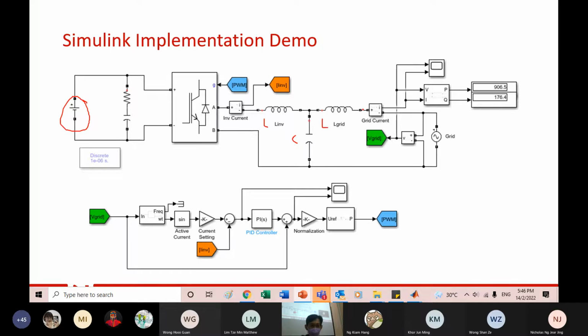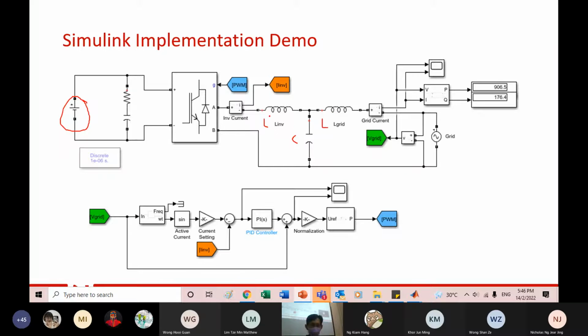You need another inductor here. Why? Because this inductor represents the grid. You see, this is the power already, right? The grid is no longer connected to a resistive load. So you need this when you have the grid connected inverter.